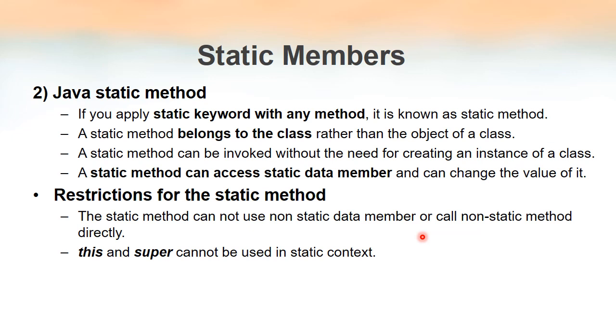Because if we declare a method as static, then that method belongs to a class. We don't have to create an object for calling that method. We can directly call it by means of the class name. So once we declare our method as static, it belongs to the class, not to objects. That means we don't need to create an object to access the method or variables.